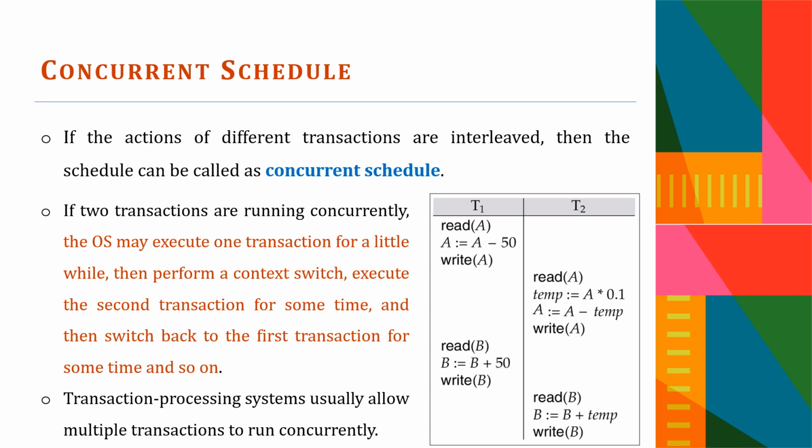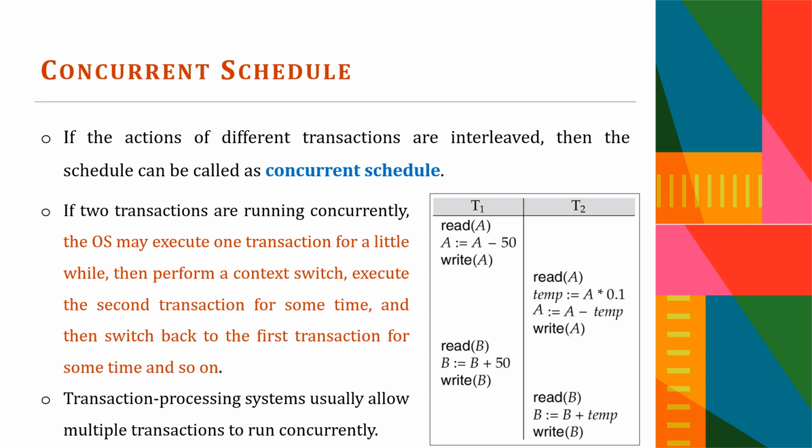Transaction processing systems usually allow multiple transactions to run concurrently. In the given example, transaction T1 reads the item A, withdraws the value 50 from account A, and writes it back. After that, a part of T2 starts its execution.